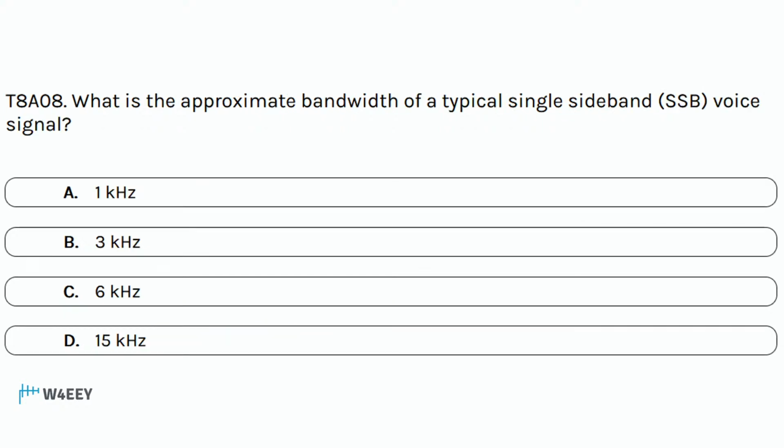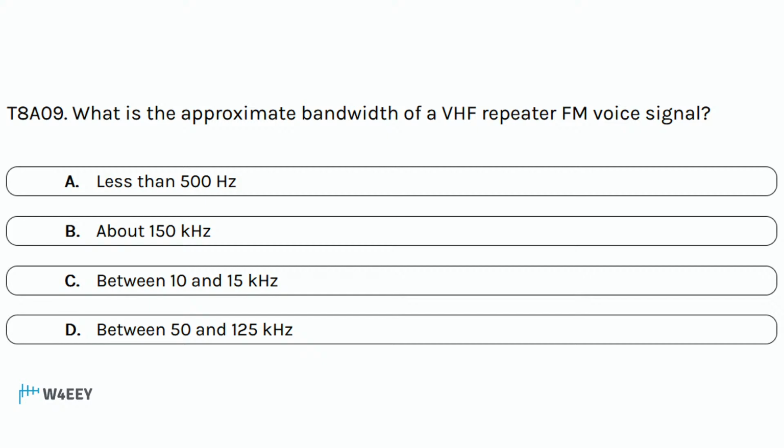So what is the approximate bandwidth of a typical single sideband voice signal? Bravo. Yes, 3 kilohertz. Could be a little narrower, but 3 kilohertz is the standard. And what is the approximate bandwidth of a VHF repeater FM voice signal? Charlie.